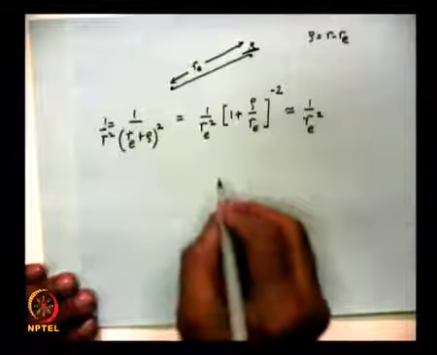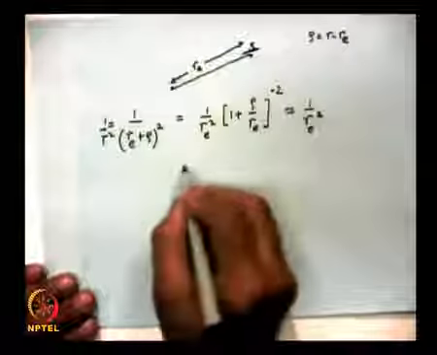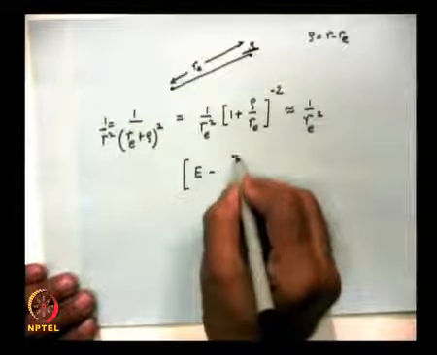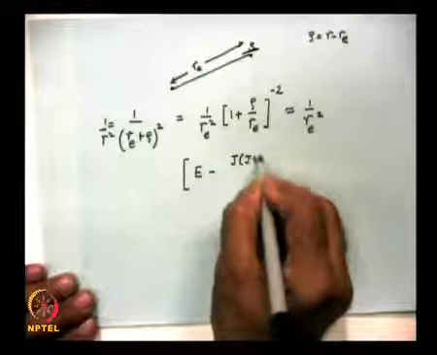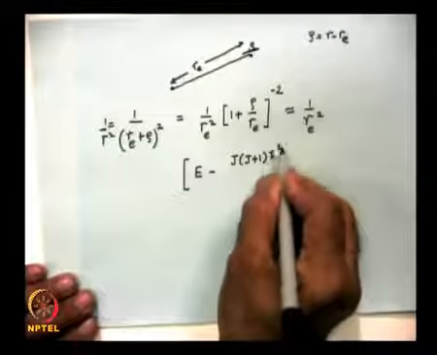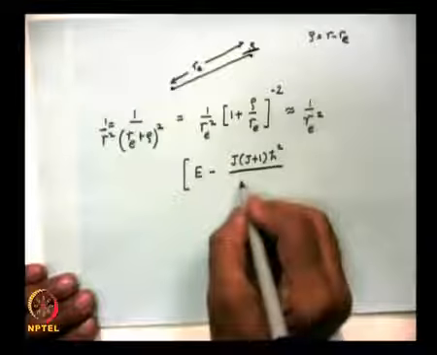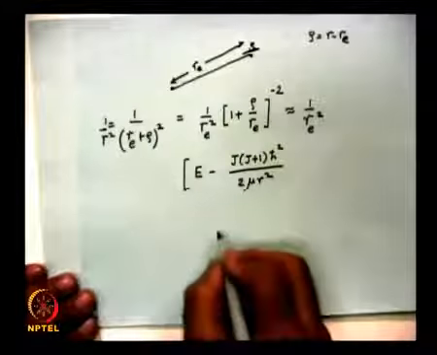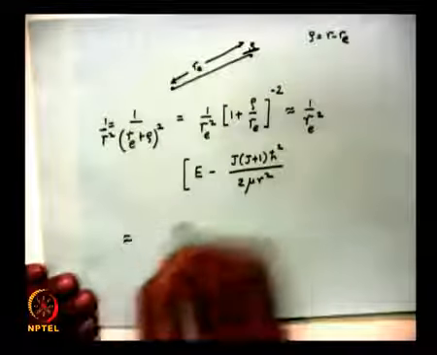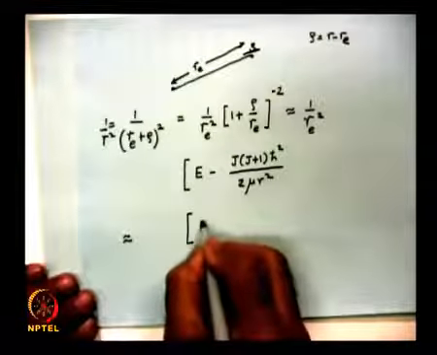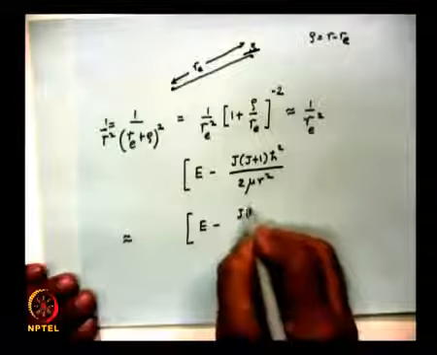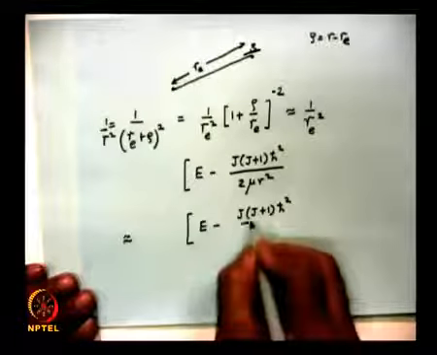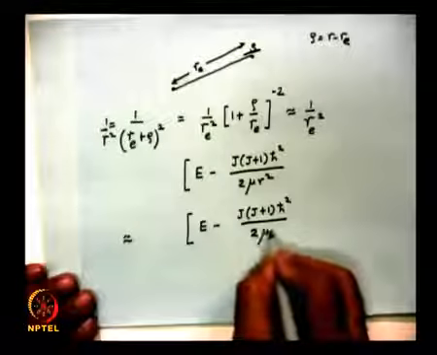So, therefore, the term inside the square brackets, which was E minus J into J plus 1 h cross square by 2 mu r square, will be approximately equal to E minus J into J plus 1 h cross square by 2 mu Re square.